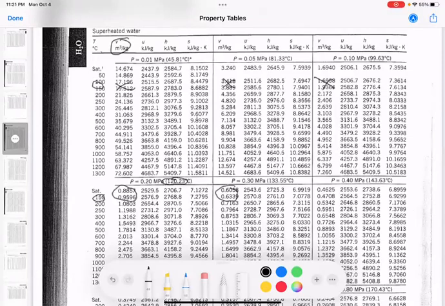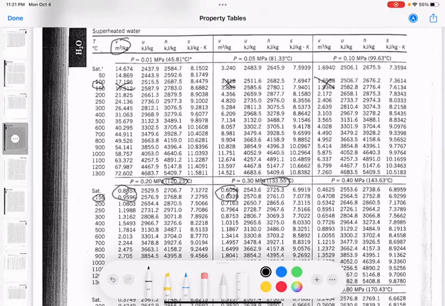Now we know it's going to be a bit too high, but the reason we're doing this is because we're going to do the same thing on this next table over here. So we're going to interpolate between 133.55 and 150.